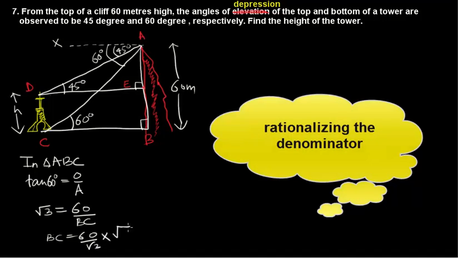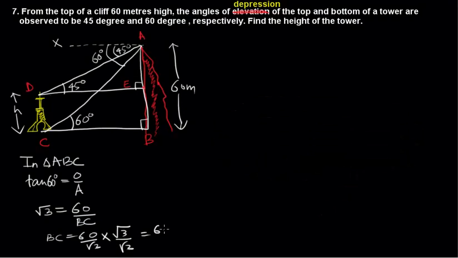Then rationalize with root 3 and root 3: 60 root 3 over 3, so they cancel out to 20. So BC equals 20 root 3 meters.